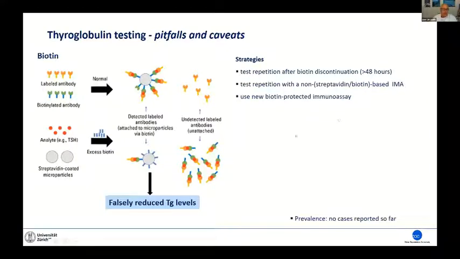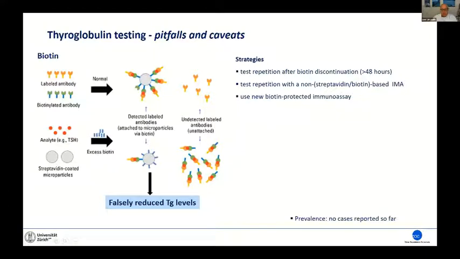These interferences, of course, involve only those methods that use the biotin-streptavidin separation method. And when there is an excess of biotin in the bloodstream, we will observe a falsely reduced thyroglobulin level.